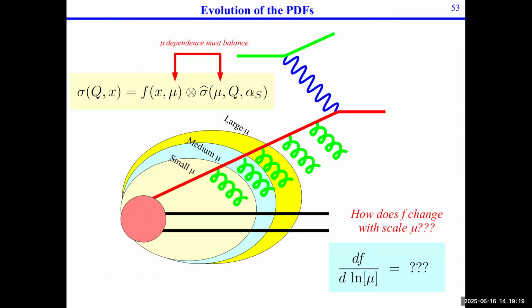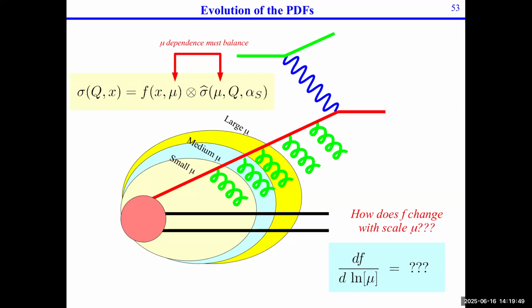So when I do my calculation, here's my cross section, and it depends on x and Q. Those are the variables I can measure in my DIS case. And I've got the parton distribution, the probability of finding various partons in there. And I've got sigma hat, that's my hard-scattering cross section. But when I divide this up, I'm going to try to calculate this perturbatively, and I'm going to sort of sweep everything else under the rug inside these PDFs.